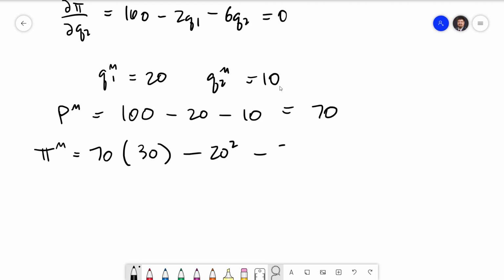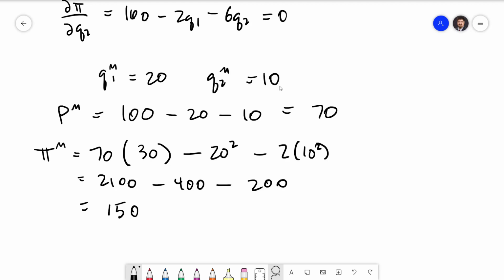At our second plant, we had 2 Q2 squared, so 2 times 10 squared. We're going to end up with 2100 minus 400 minus 2 times 100, which is 200, which is going to come out to 1500. And that is how we maximize profit when we have a monopoly with multiple plants.